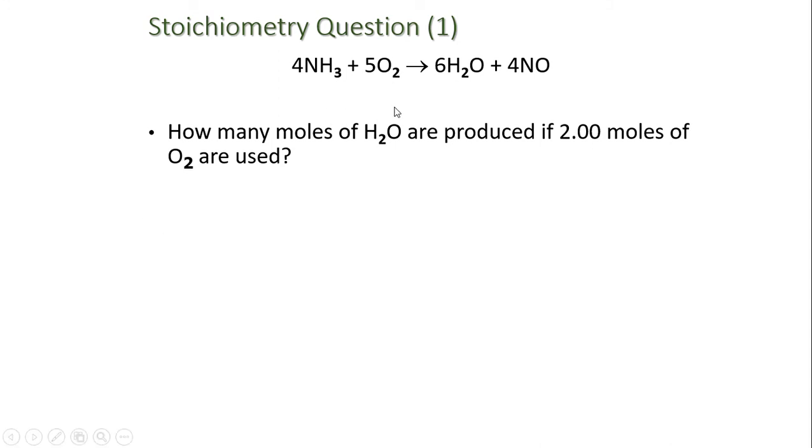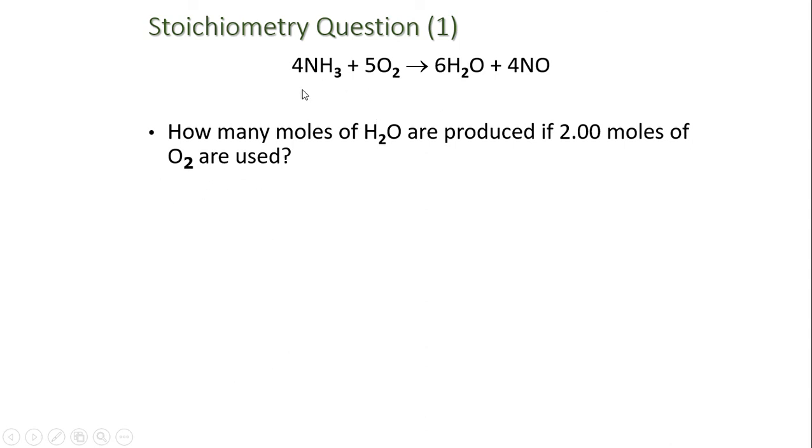So we have here still an equation used in example number 1, but the difference is we're looking for the moles of water that are produced if 2 moles of O2 are used.